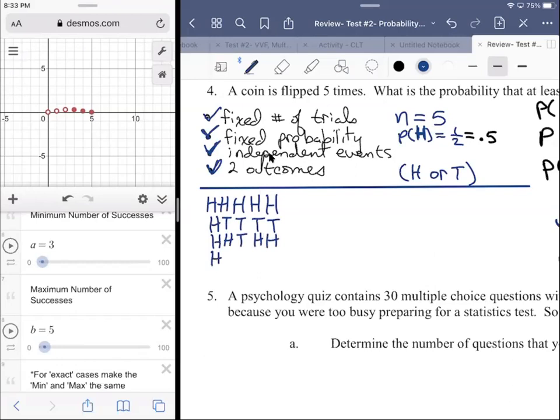Maybe it's that. Maybe it's that. I will tell you that there are 32 possible sets of 5. So I'm only 5 in, and 27 more.